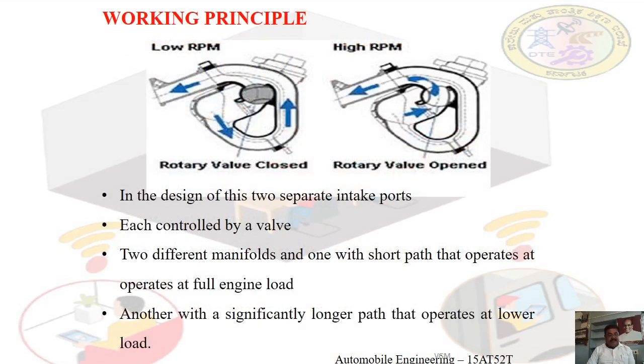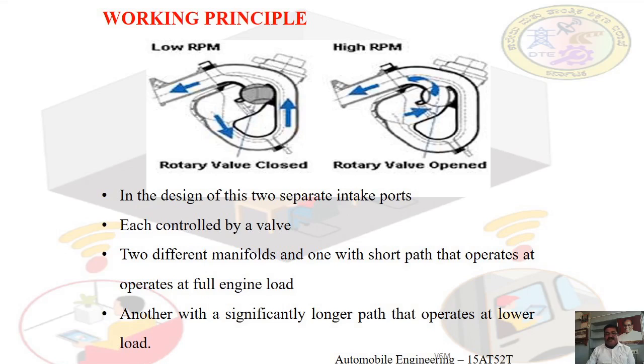So, working principle of variable geometry intake manifold system. I will show you two sketches. Number one shows lower RPM, where the rotary valve is closed, so the flow of fresh charge air is in the longer way.